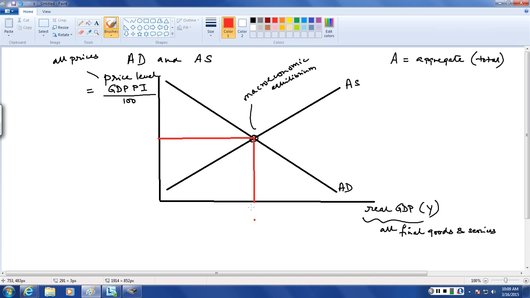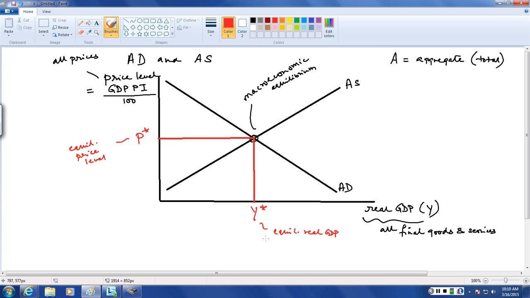So this we are going to call Y star. Y star is equilibrium real GDP, and P star is the equilibrium price level. So this here is the equilibrium price level, and this here is equilibrium real GDP.